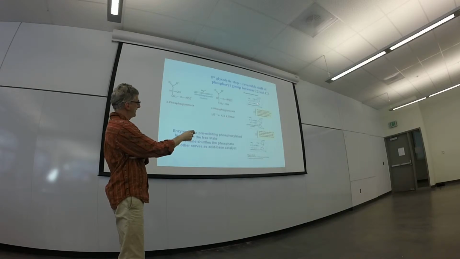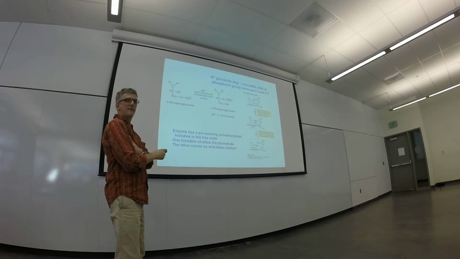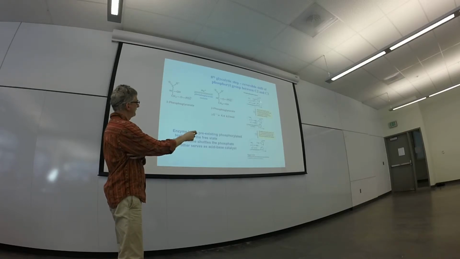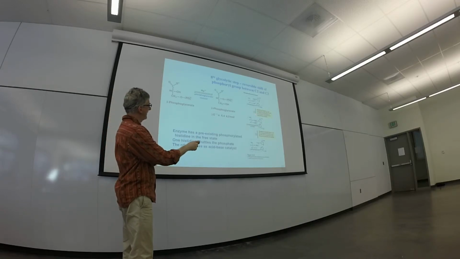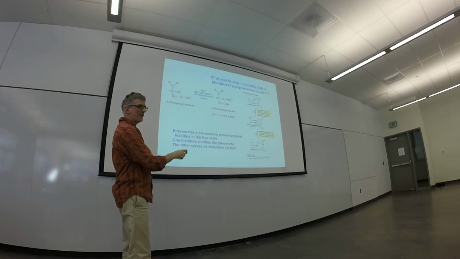So this nitrogen, unphosphorylated, grabs a proton. This guy takes the phosphoryl group off of this histidine, and we're forming a dephosphorylated histidine here, and a compound that now has two phosphates on it.